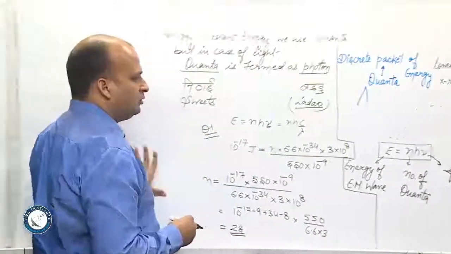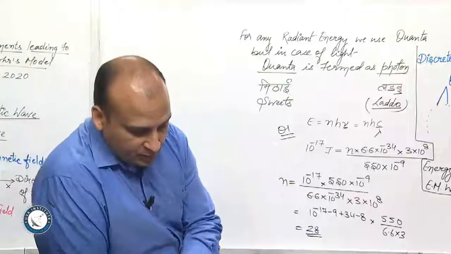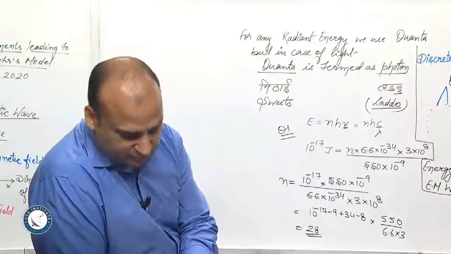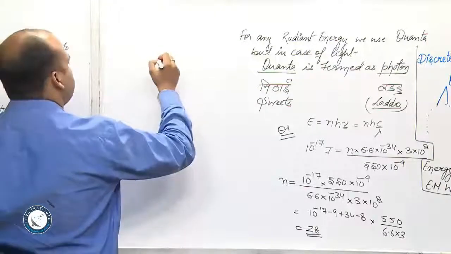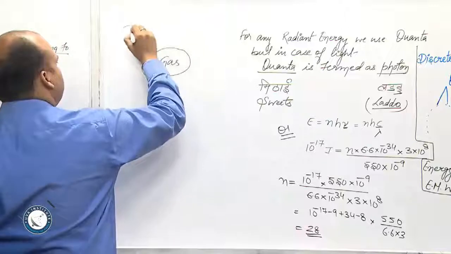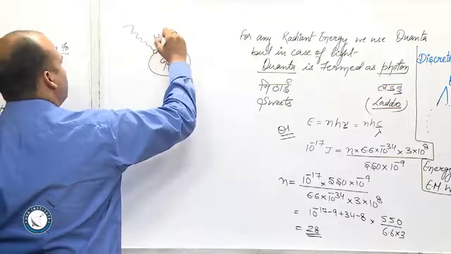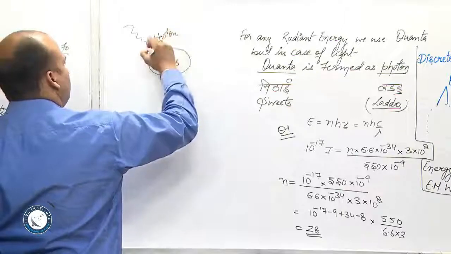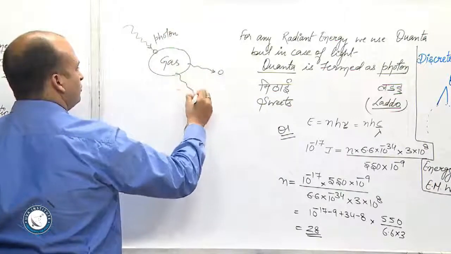Now, question number 2 says that a photon of 300 nanometer is absorbed by a gas. So you see, there is a gas. Now it absorbs 1 photon, but it emits 2 photons.